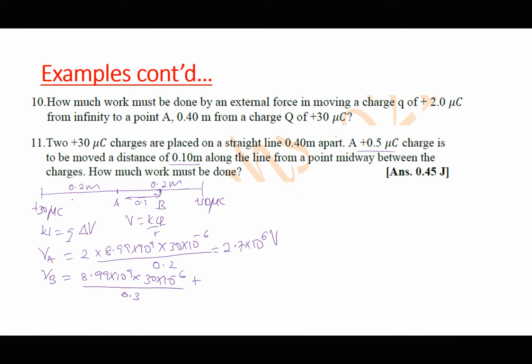I have said 0.3 because I'm considering the distance between this point and point B. Then plus 8.99 times 10 power 9 times 30 times 10 power negative 6 divided by the distance which remains here, which is 0.1. I'll press the calculator once again.